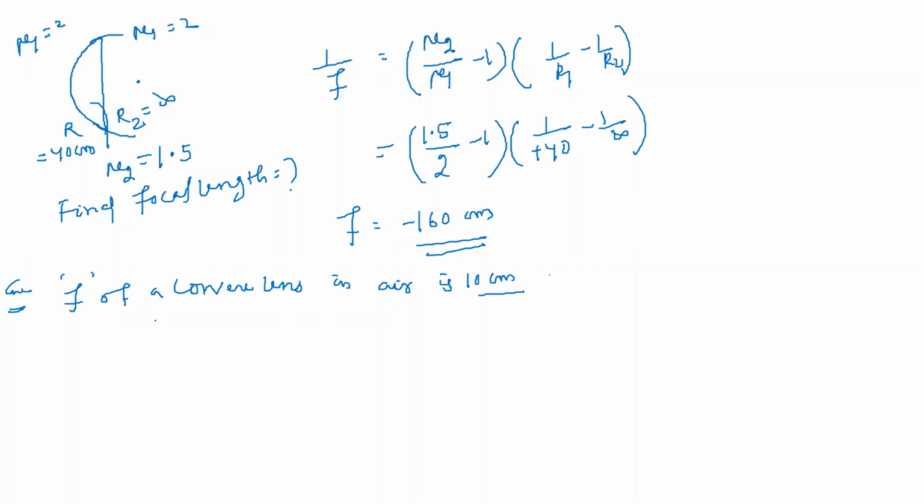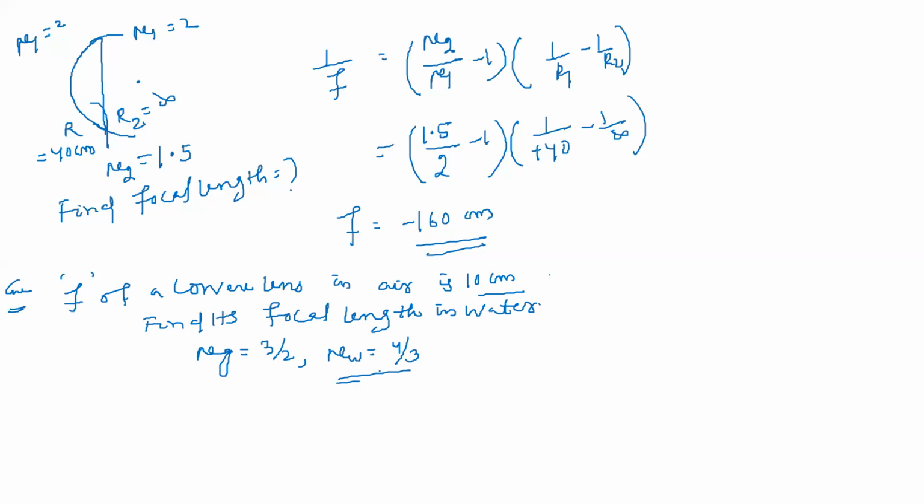Find its focal length in water. Correct? Students, the lens is made up of glass. Let mu glass be 3 by 2, that is 1.5. Mu water is 4 by 3.